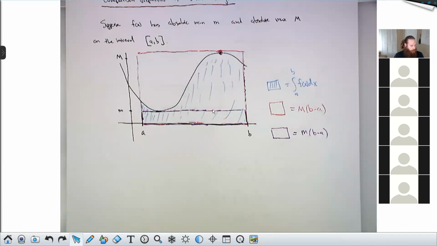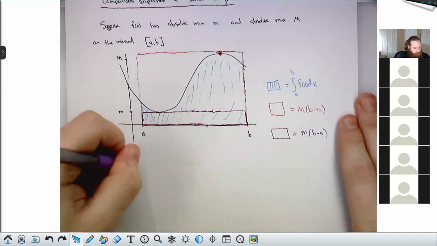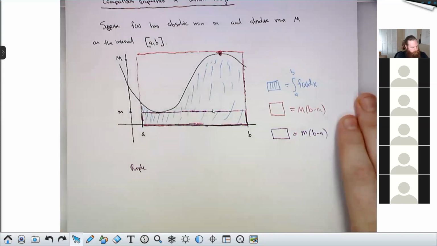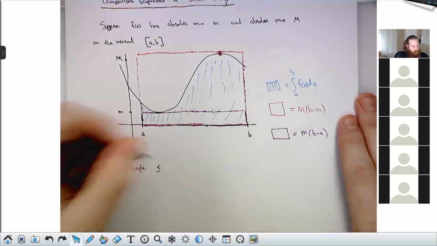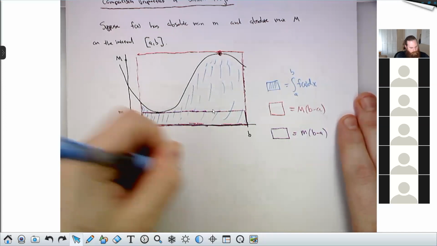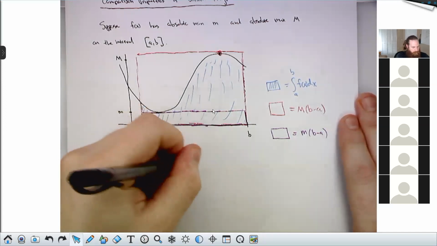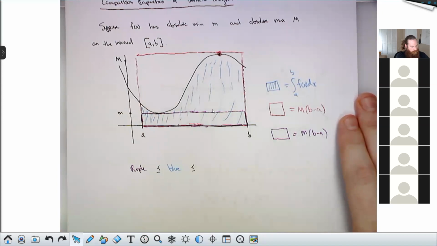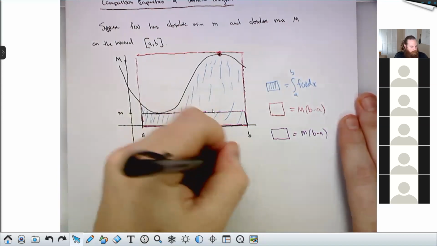So we have an inequality. The purple has to be less than or equal to the blue, has to be less than or equal to the red. And this is by containment.